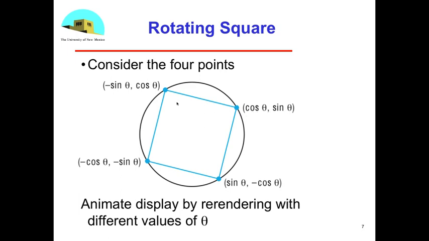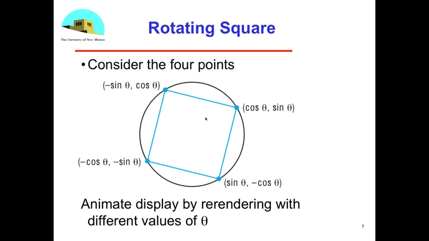You also have the three other points, minus sine, cosine; minus cosine, minus sine; sine, minus cosine. They're also on that unit circle, and in fact, they're equidistant apart, and this defines the vertices of a square with sides of length square root of 2.